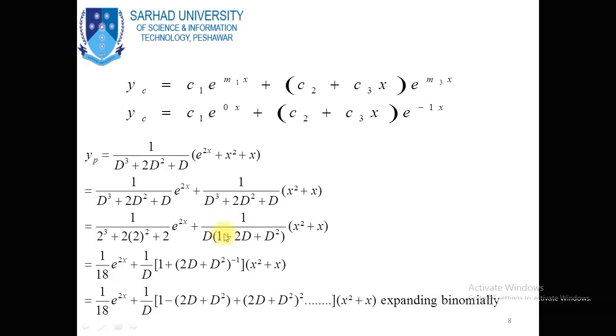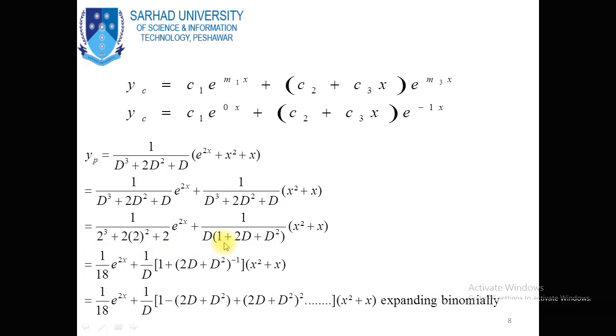Multiply this d again, and we obtain this expression: 1 into d is d, 2d into d is 2d square, and d into d square is d cube, into the given polynomial x square plus x. Now after simplification we obtain in this part 1 over 18 e power 2x. This is the particular part for the exponential case.